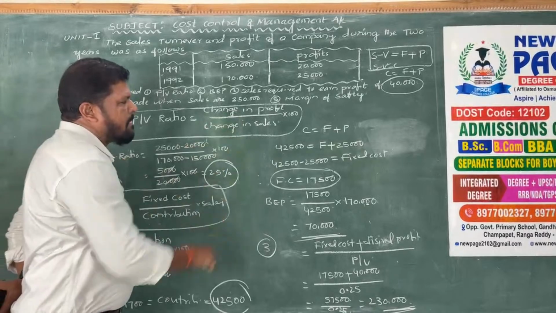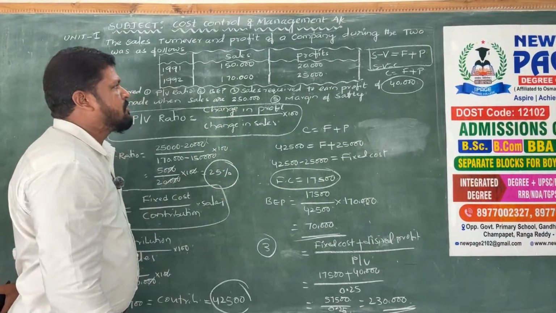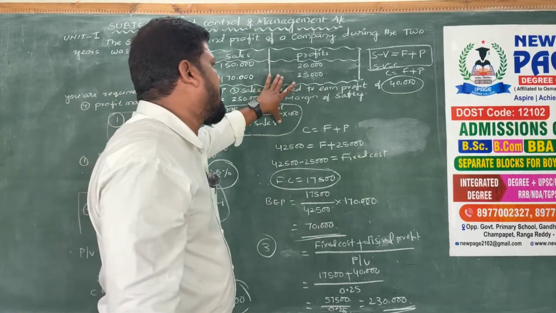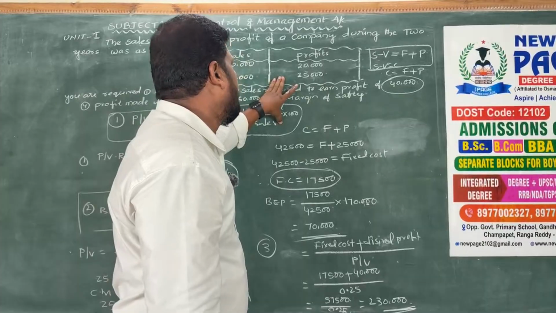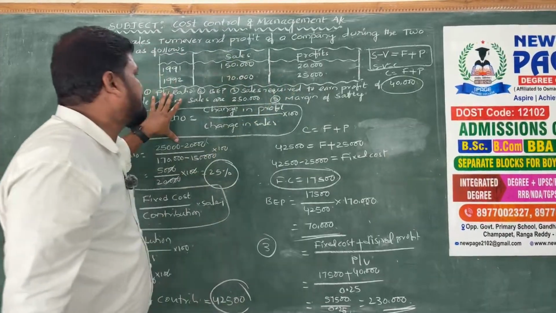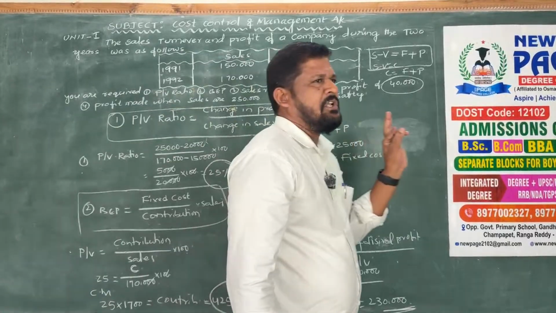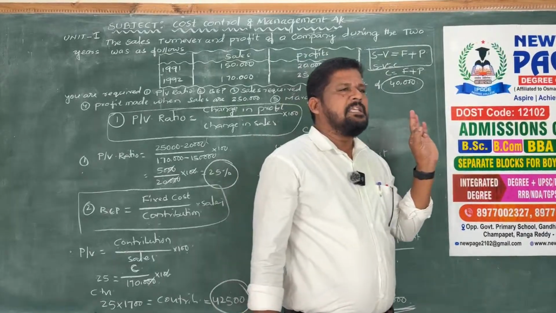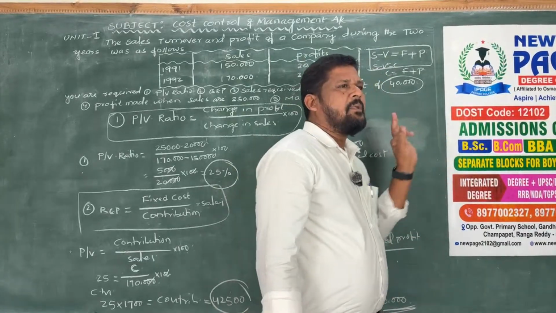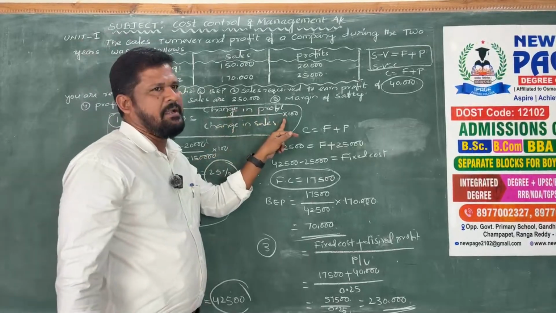This is the marginal costing problem. Right? This type of problem has been frequently asked many times in previous question papers. So dear students, remember these formulas, mainly PV ratio. What is the formula? Contribution by sales into 100. Another formula is changes in profit by changes in sales into 100.